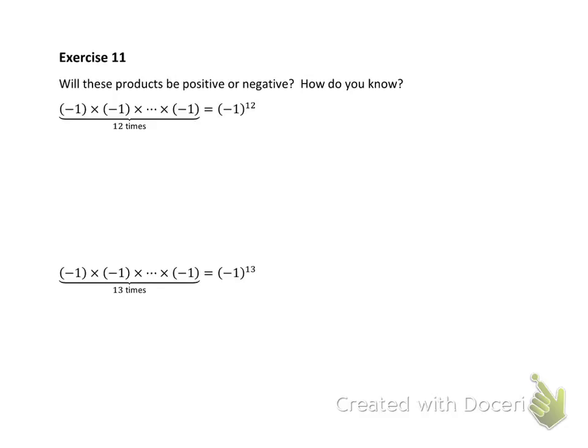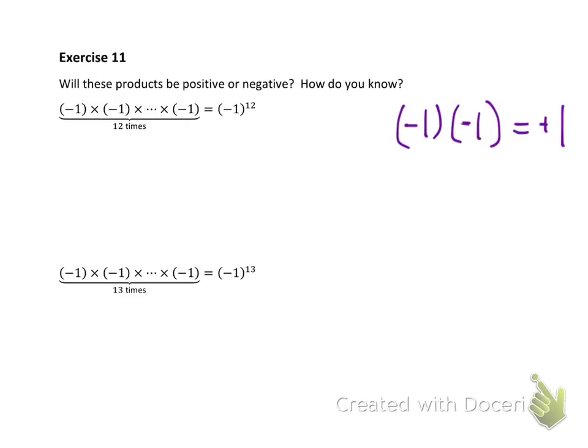All right, so in this exercise 11, you need to use this fact that hopefully you discovered last year and still remember. Negative 1 times negative 1 is a positive 1.